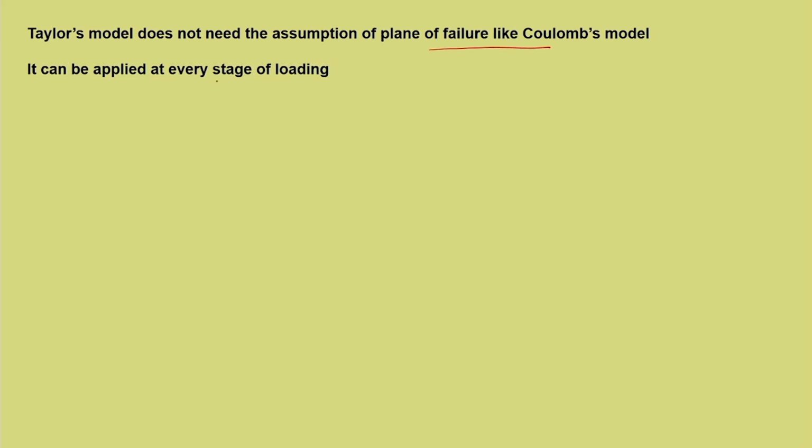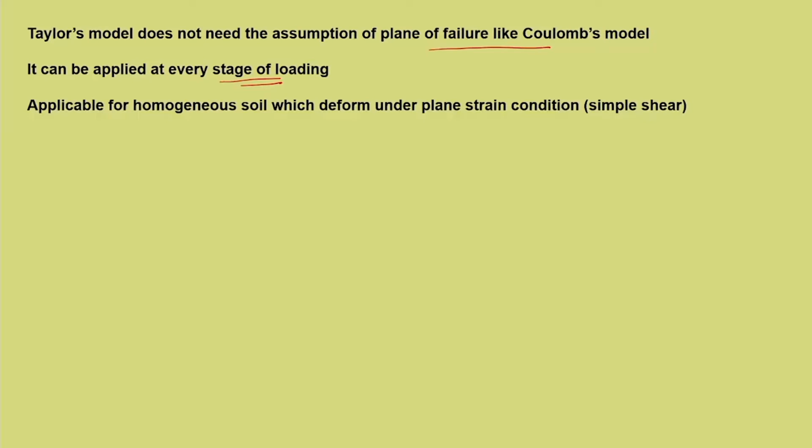It can be applied at every stage of loading, because the relative aspect of dilation and the basic friction angle is taken care of by the summation, whereas in the case of Coulomb's model it is within the friction angle together, the total friction angle.